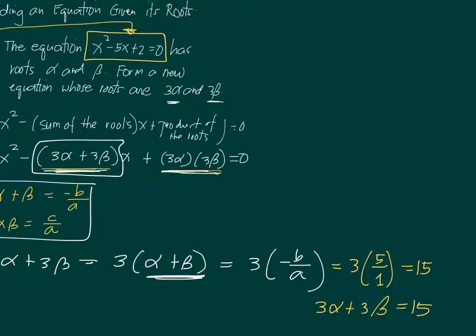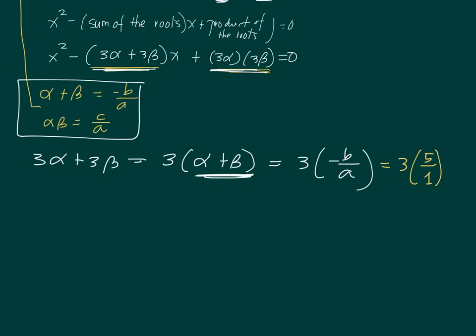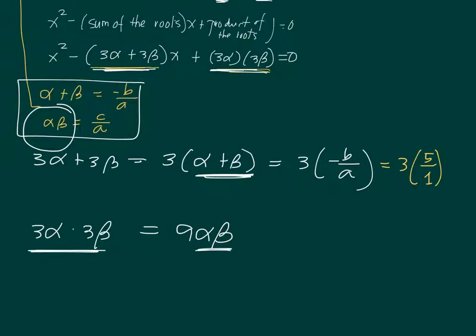So initially the equation is now x squared minus 15x. Then we're left with whatever the value of 3 alpha times 3 beta. So we look for it. Again, the idea is on looking for a way to come up with alpha beta. If you multiply, this is 9 alpha beta, and this is all you need.